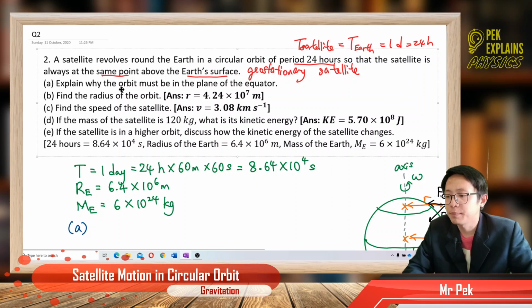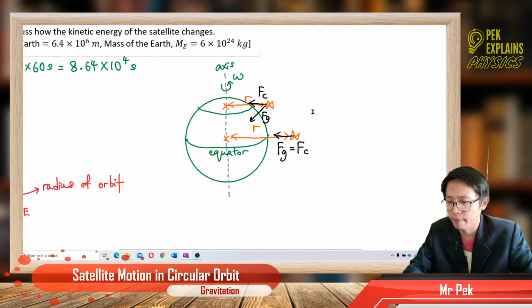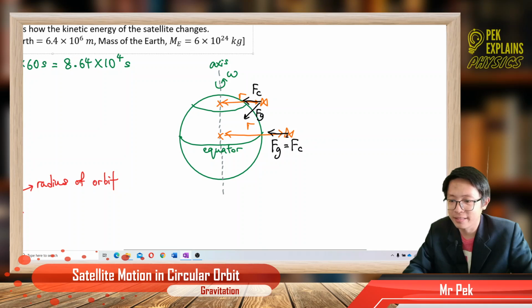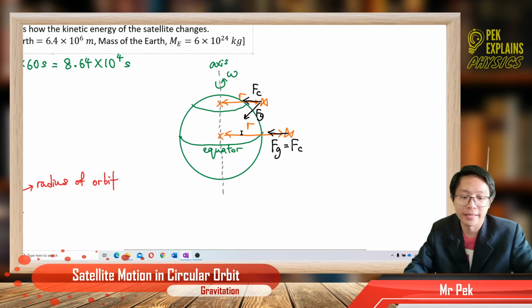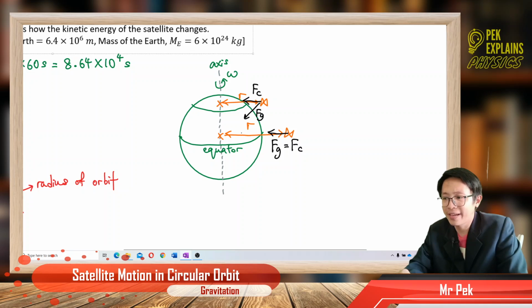Now, explain why the orbit must be in the plane of the equator. Okay, why must the satellite orbit always be on the plane of the equator? Do you know one thing? All satellites, any satellite, are always on the equator.